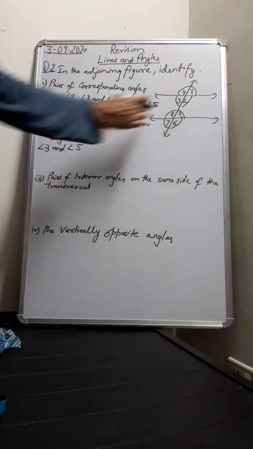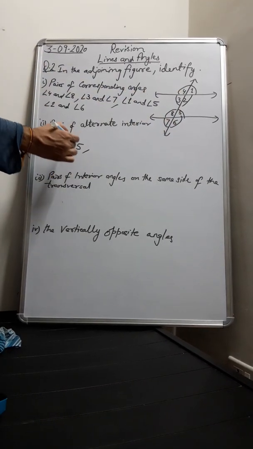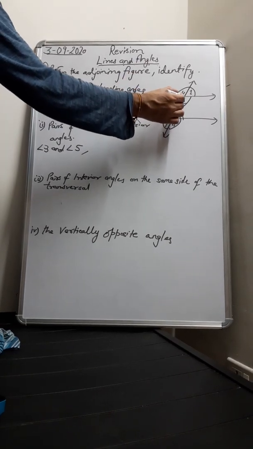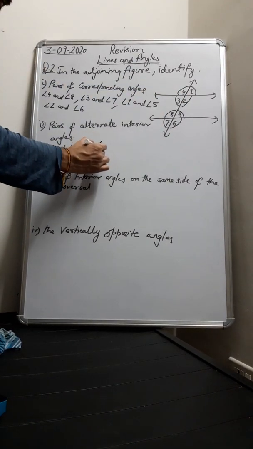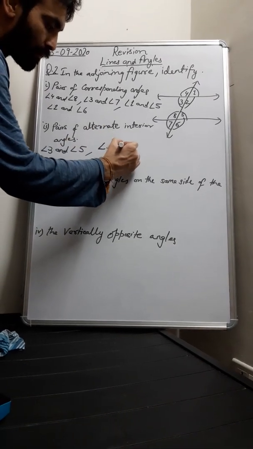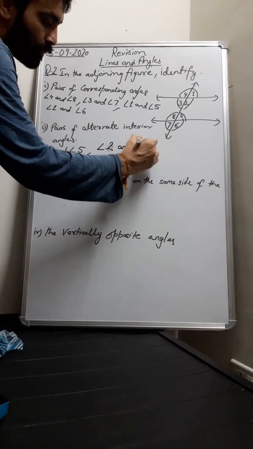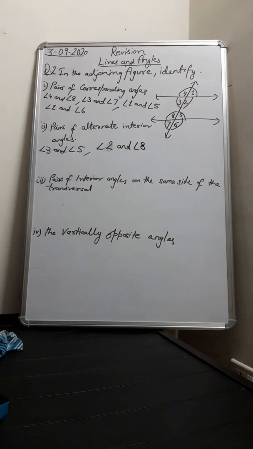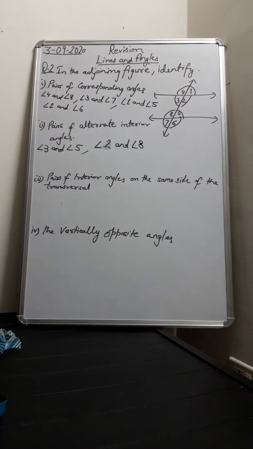Both are interior and they are alternate. And the second pair will be angle 2 and angle 8. These are your interior alternate angles.